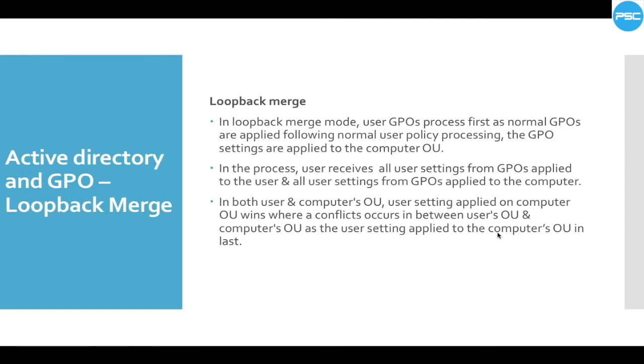In the process, the user receives all user settings from the GPOs applied to the user and all user settings from GPOs applied to the computer. Where a conflict occurs between the user's OU and the computer's OU, the user setting applied through the computer OU wins, as it is applied last.